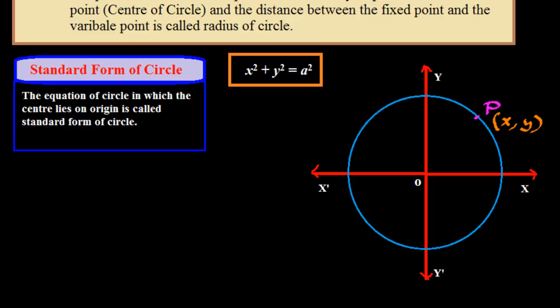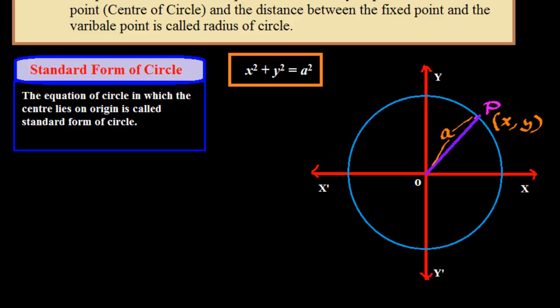First I would like to join these points, origin and P. So this is our radius, which we assume is a. Now I draw a perpendicular on the x-axis from P.